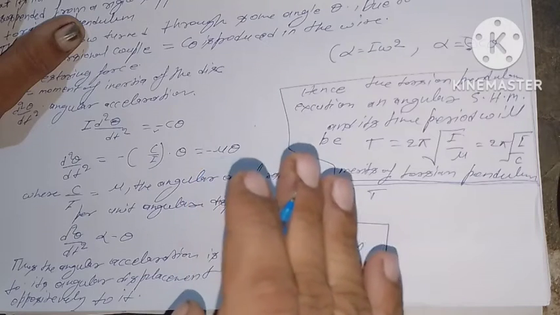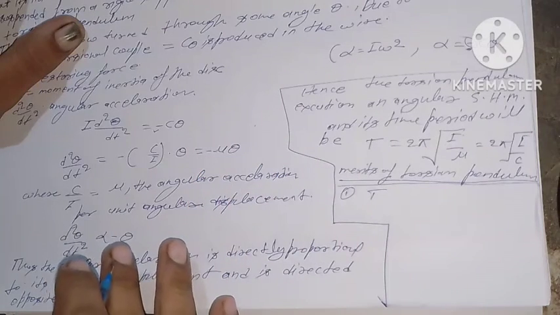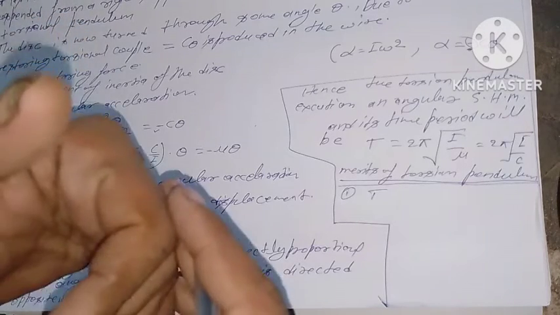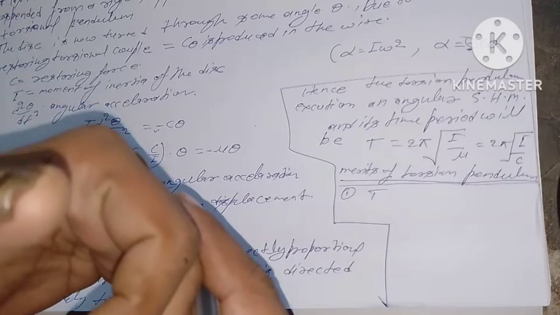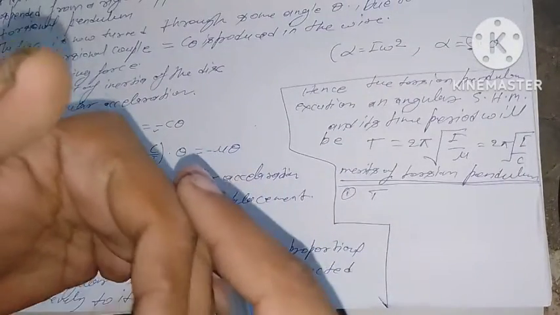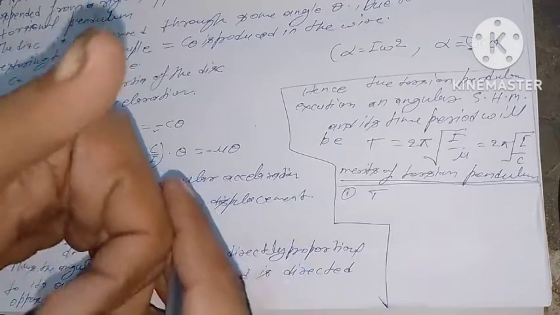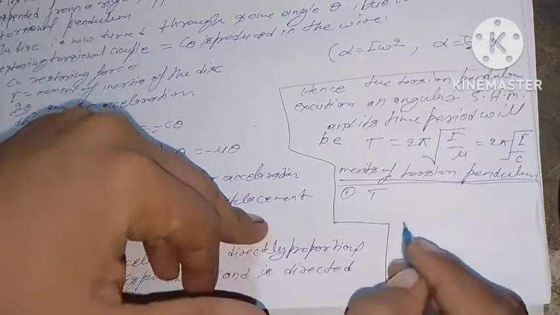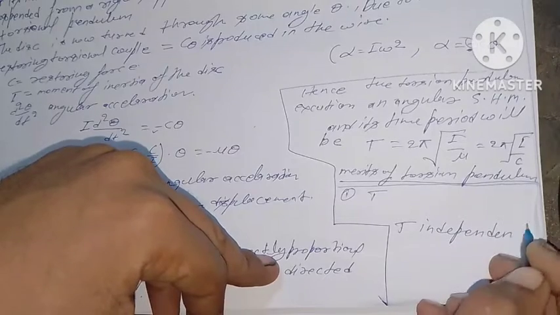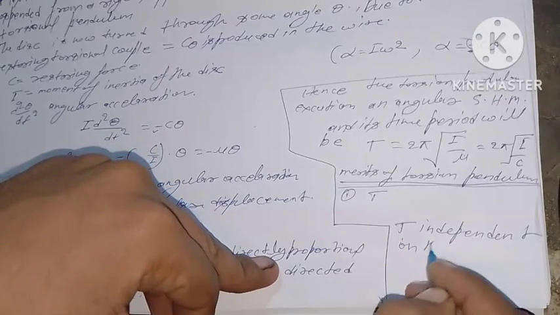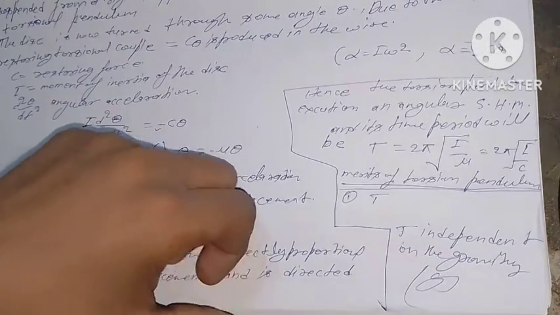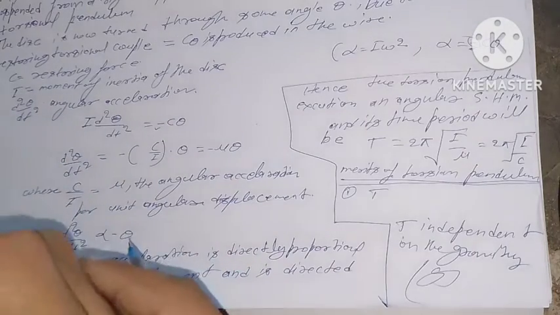Second point: the time period of the pendulum is quite independent of the value of gravity g.